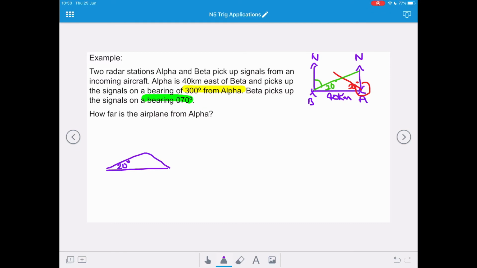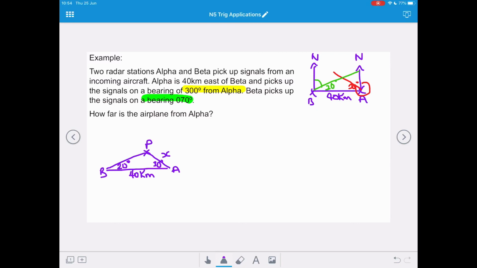So we've got 20 degrees at B, we've got 30 degrees at A, and we've got a distance between those points of 40 kilometers. Now, in order to use the sine rule, we need to have the angle P that's opposite the 40 kilometer side. Now we're going to mark on A for Alpha, B for Beta, and the distance between Alpha and the aircraft P is going to be X kilometers.